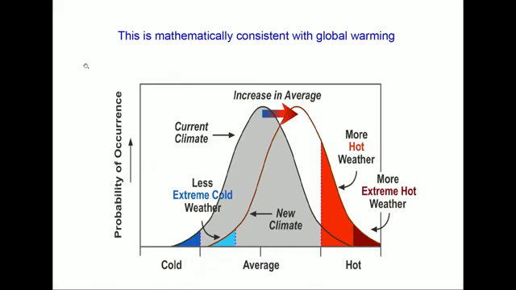This is a picture of what kind of happens when you change the average of something by a small amount. This here is a bell curve showing the kind of probability of getting, let's say, a hot day. And the probability is what we call a normal distribution. This is the kind of average here with the highest probability.